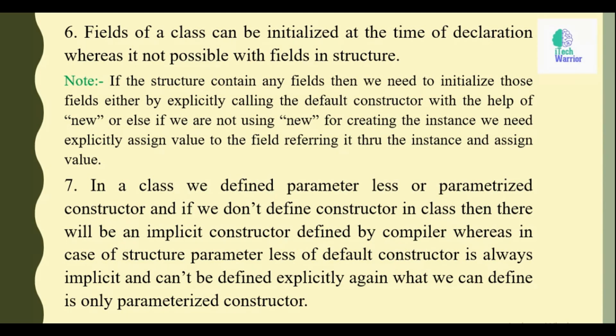If the programmer misses defining the constructor in the class, the compiler will define it on behalf of the programmer. Whereas in the case of a structure, the parameterless default constructor is always implicit, defined by the compiler, and cannot be defined explicitly.